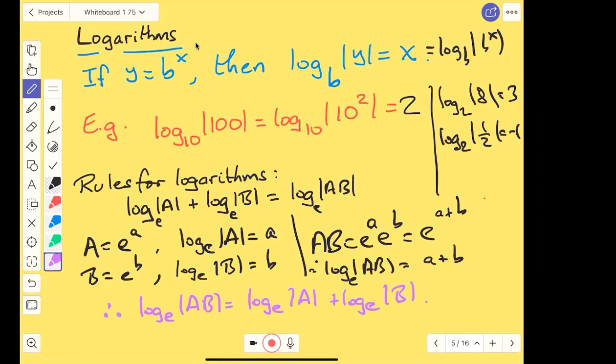And in exactly the same way, you can prove that log to whatever base you choose of a divided by b would be the log of a minus the log of b. And you can also prove that log of a to some power, let's call it n, is n times the log of a.